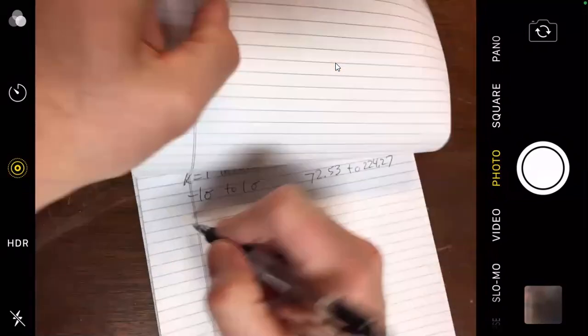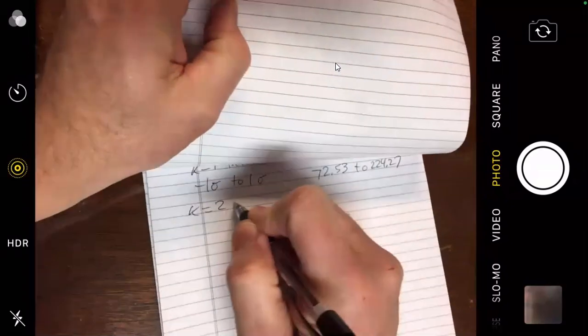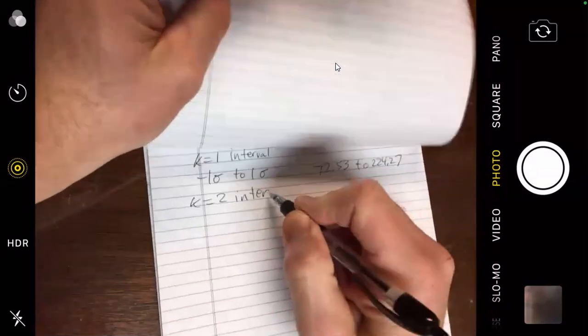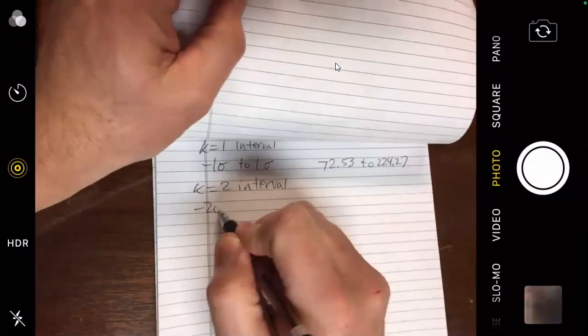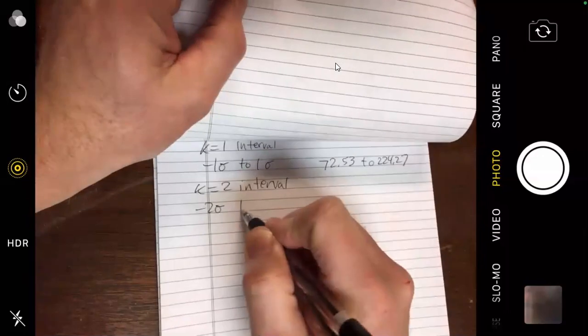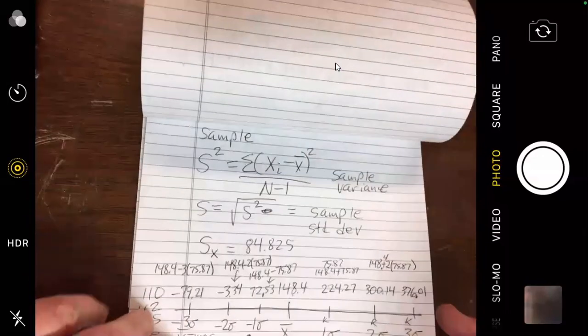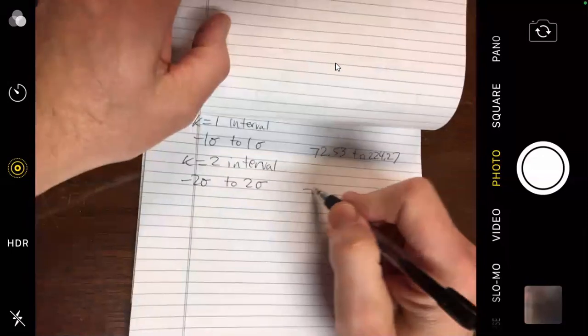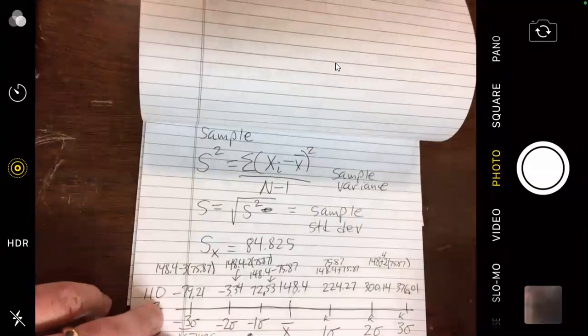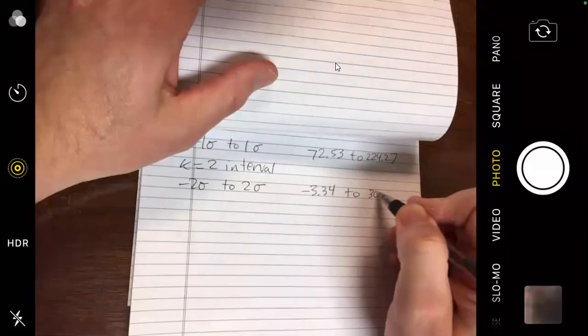I need the K equal 2 interval: minus 2 standard deviations to 2 standard deviations. That runs from negative 3.34 to 300.14.